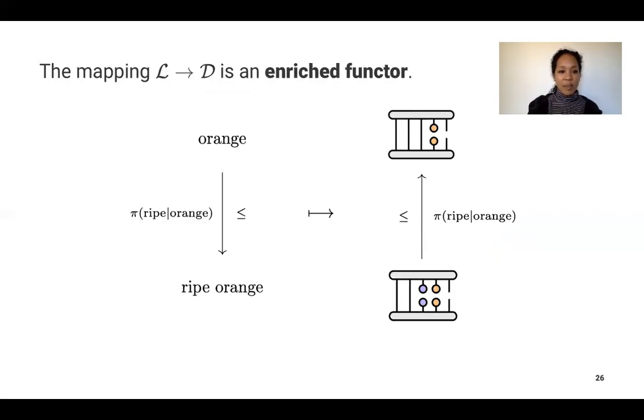And the punchline for all of this is that the mapping from sequences into linear algebra in the way described using this vector psi is compatible with both the orderings as we noticed, but also compatible with the probabilities. And this is precisely what it means to have an enriched functor between categories that are enriched over probabilities.